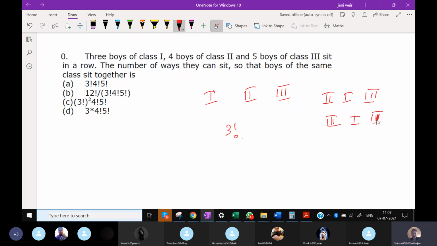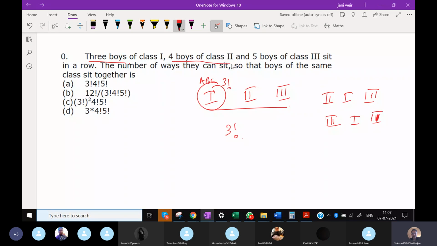So once I have arranged them in some order, one of the arrangements, then within group 1, there are 3 boys. So within group 1, there can be a permutation of 3 factorial, right? Let's say we have A, B, and C. They can be arranged within the group in factorial 3 ways.